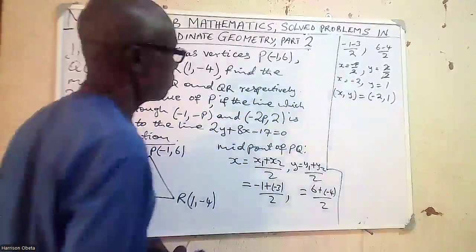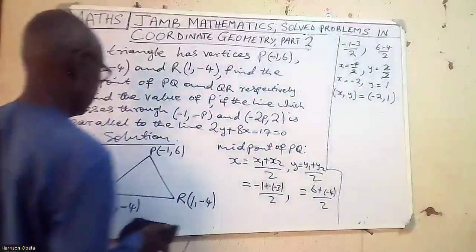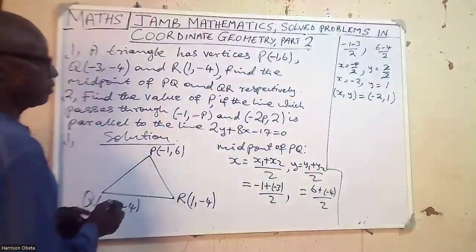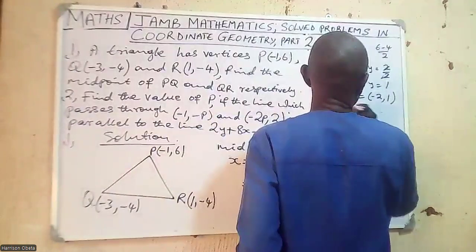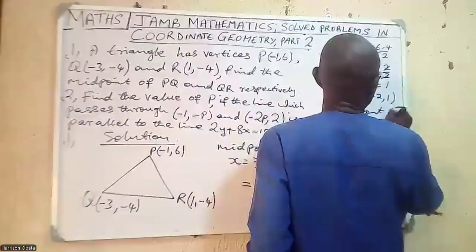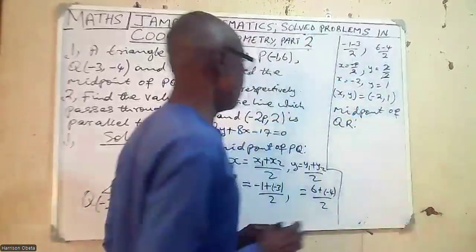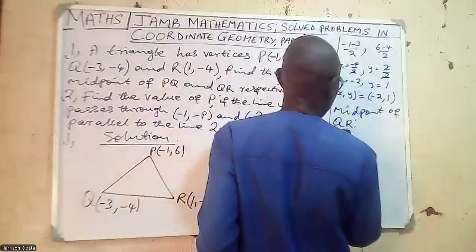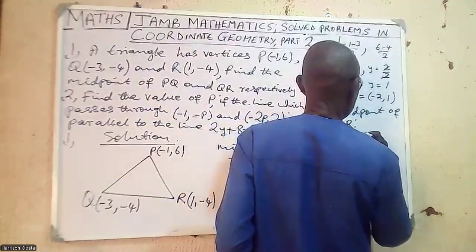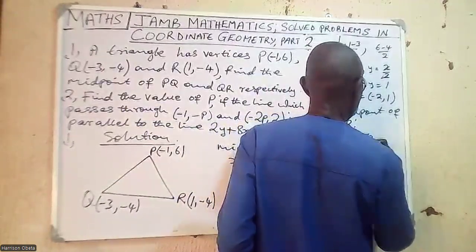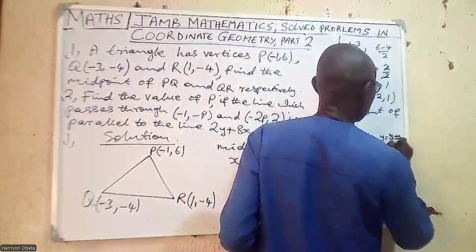So we are now going over to the midpoint of QR. Let's come back here. Our QR is this and this. Midpoint of QR, again, we have x equal to x1 plus x2 over 2, y equal to y1 plus y2 over 2.